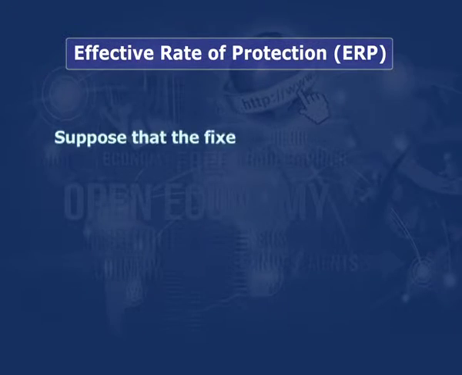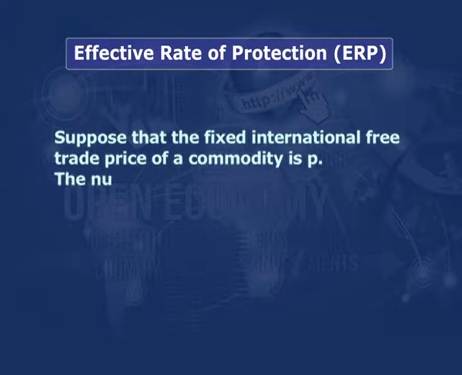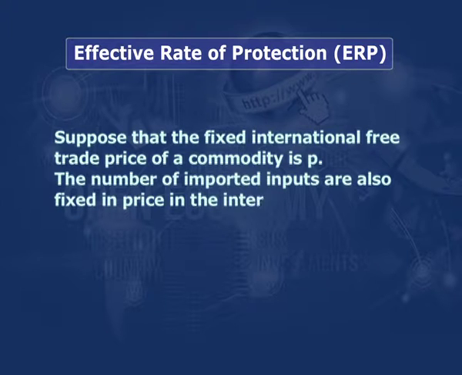Assume that we are dealing with a small nation, and therefore the imposition of a tariff cannot affect the international price of the commodity. Suppose that the fixed international free trade price of the commodity is P. The imported inputs are also fixed in price in the international market.